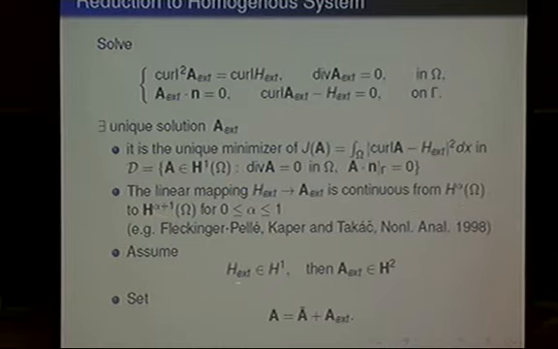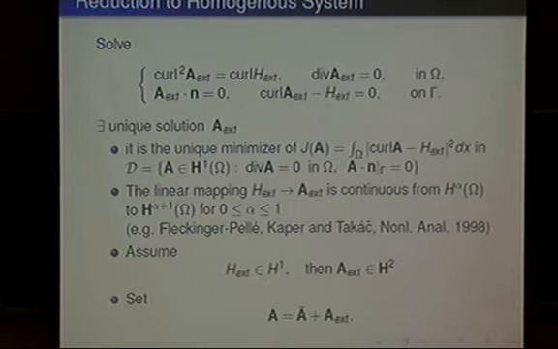In our case, we just assume the external magnetic field belongs to H1, and then the corresponding solution A external belongs to H2. And then we make this transformation. We know that A tilde is the original variable, and A is the transformed one.